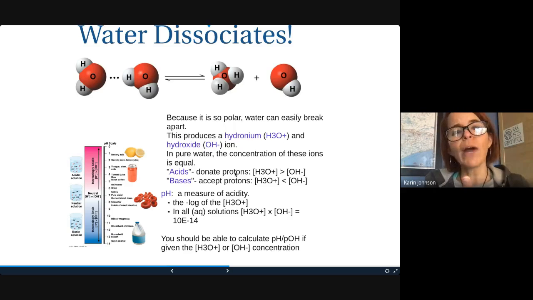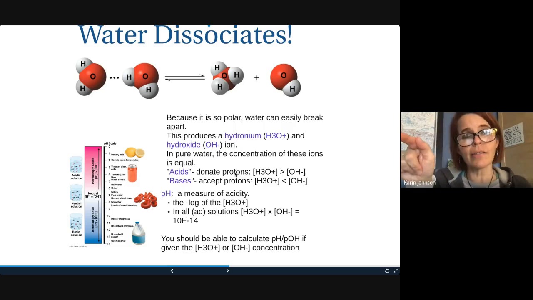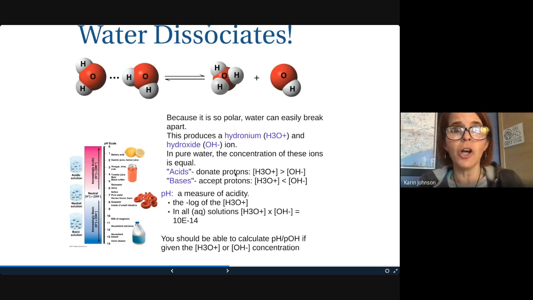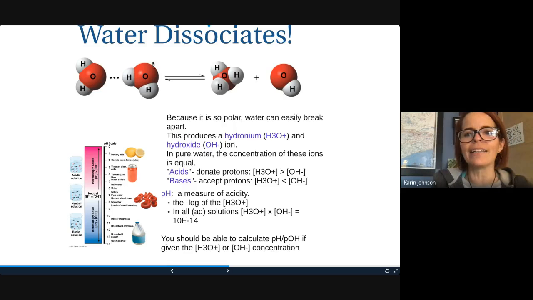So you could write it H plus, that's the hydrogen ion, or you could just say it's a proton, because that's all that it is. It doesn't have an electron. Or when it touches water, click, it clicks right here, and you could say it's a hydronium ion, because it would immediately attach to a water molecule.